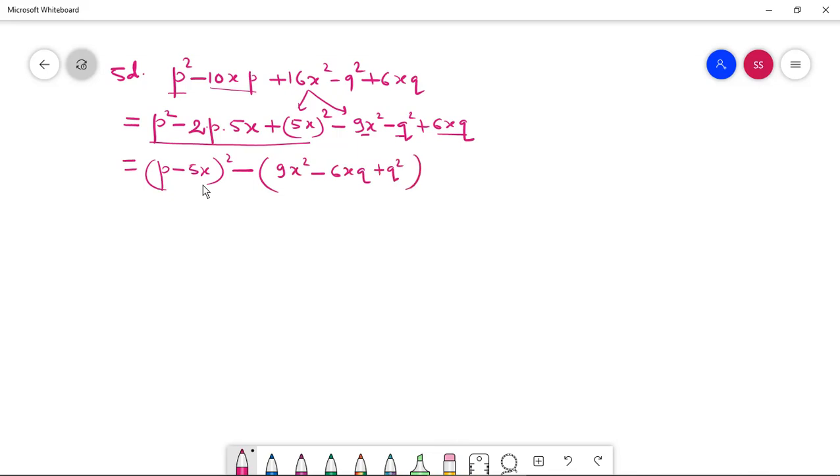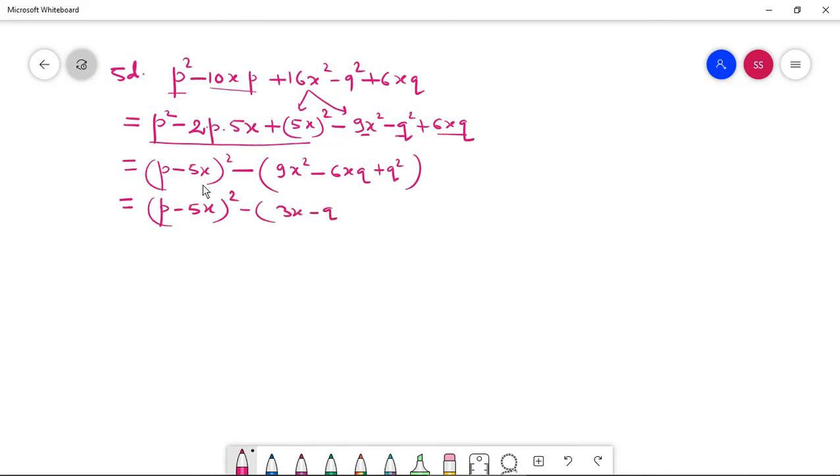Now the remaining questions are for you. Who asks for 5B hints? I think 5B number, just a minute, I will give hints within a minute. You can break a to the 4 minus 2 times a square times 3 plus 3 square, so we need this plus 9, so we need to subtract 16 minus 8x minus x square.